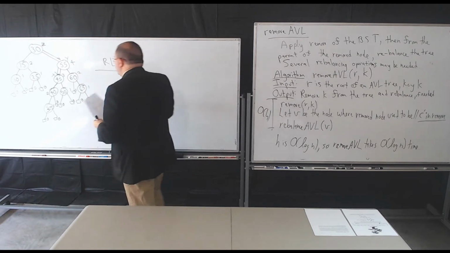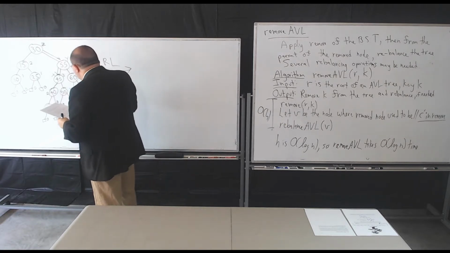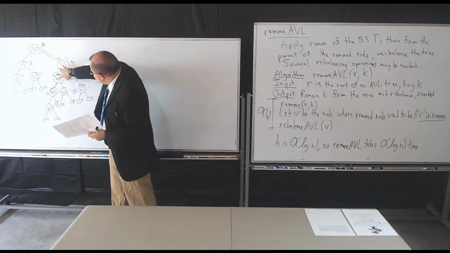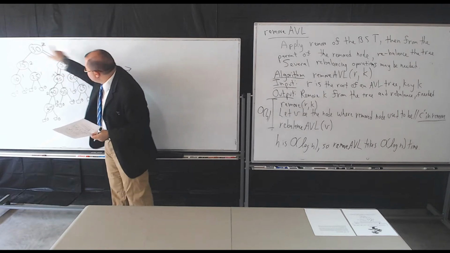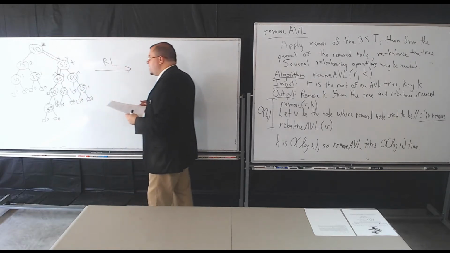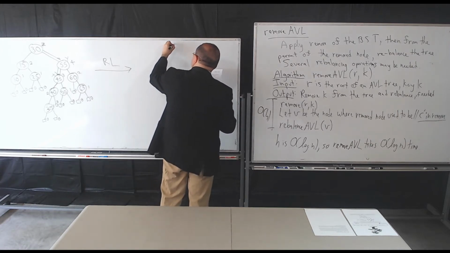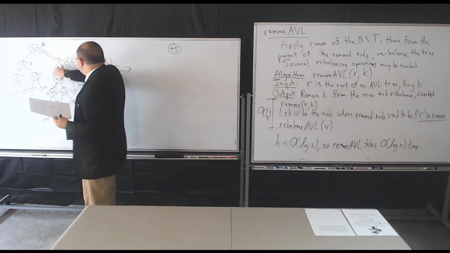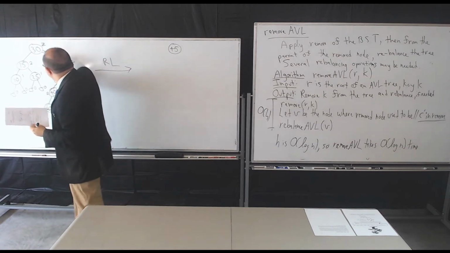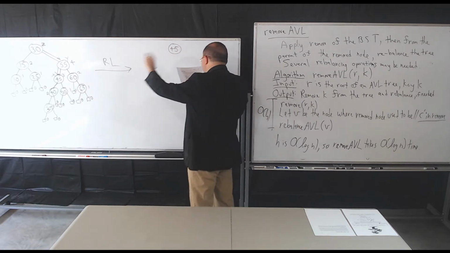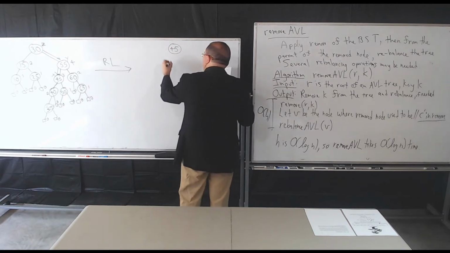Now, what should you expect? We've already done a double rotation a couple of times. So what should you expect? What should be the root of this tree? It should be 45, right? 45, remember? Because we promote X, demote Y, and then we promote X again and demote Z. So what should be the left child of 45?